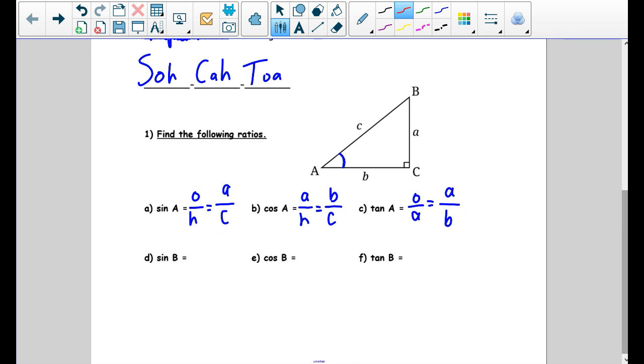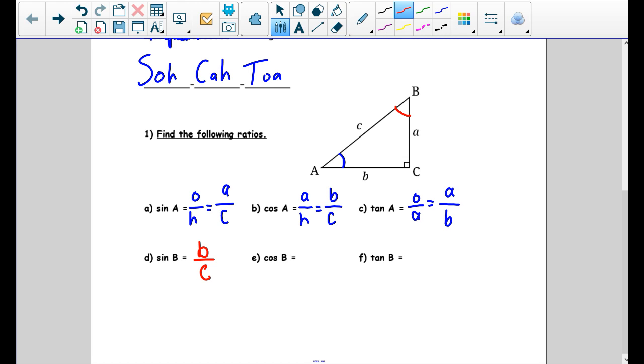What about B? So if I'm looking at B, now my perspective changes. My perspective changes based on where I'm at. So now if I'm looking at sine of B, well, what's the opposite of angle B? Little b. Opposite of big B is the little b. The hypotenuse is still C. What about cosine?